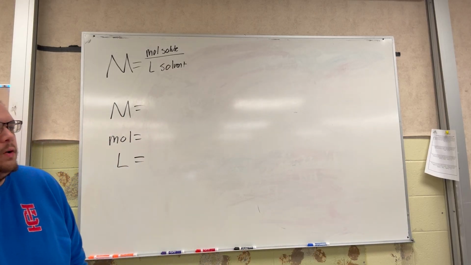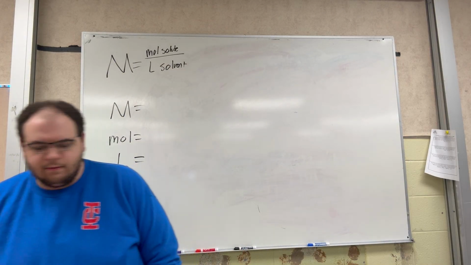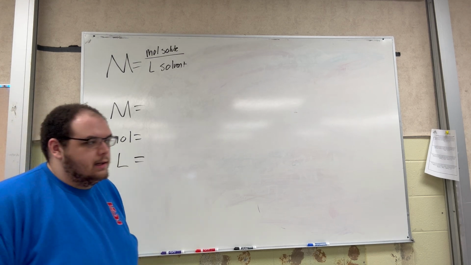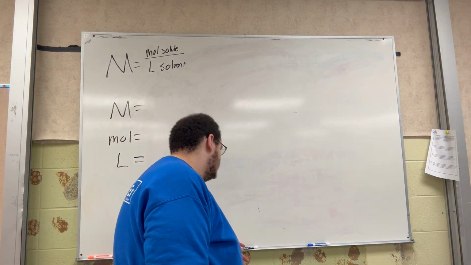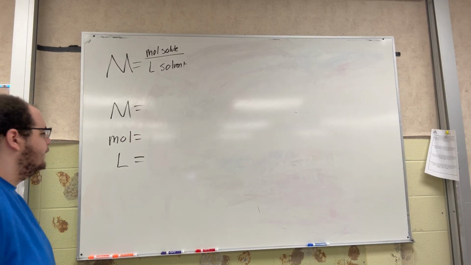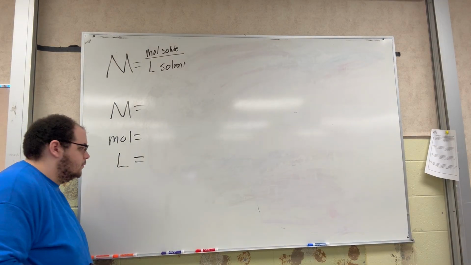Number 2, how many moles of sodium phosphate are in 5 liters of an 8.1 molar solution? 8.1, definitely a lot scarier than 1.9, but definitely not as bad as 18. What's my first given in this question? 5 liters. Which variable is that going to go with?